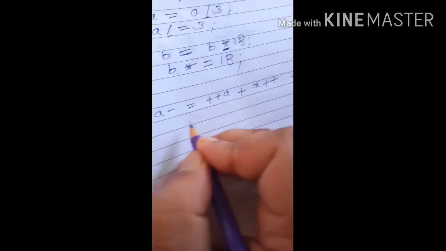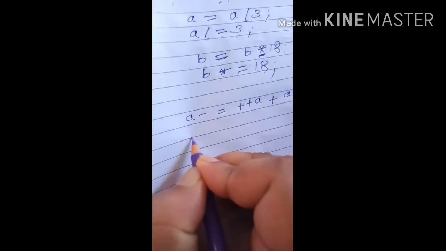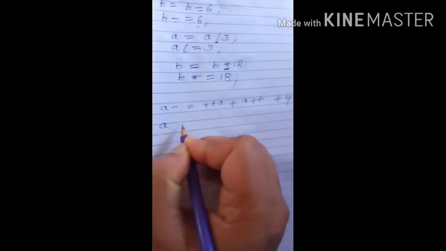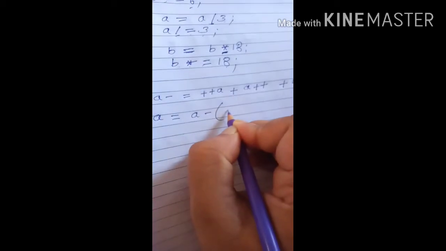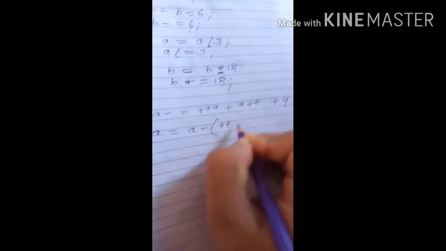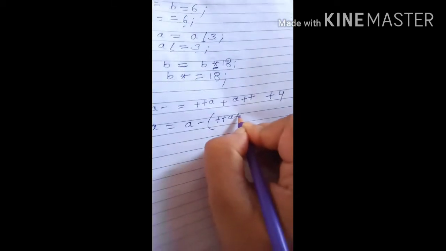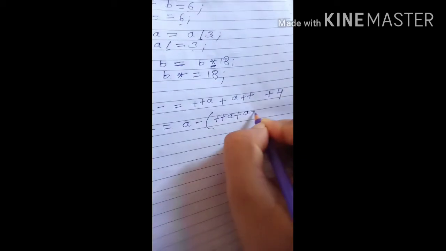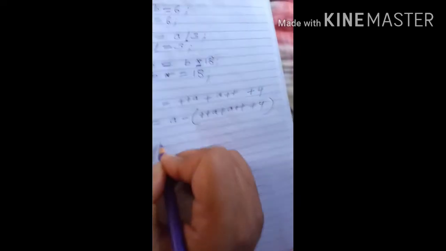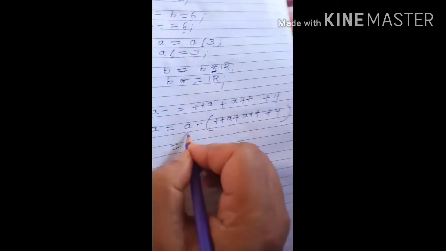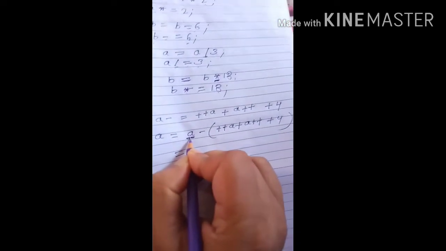So we have to understand this. A equal to A minus, then all this plus plus A plus A plus plus plus 4. So what is the value of A? Here this is not increment or decrement, just a simple variable.